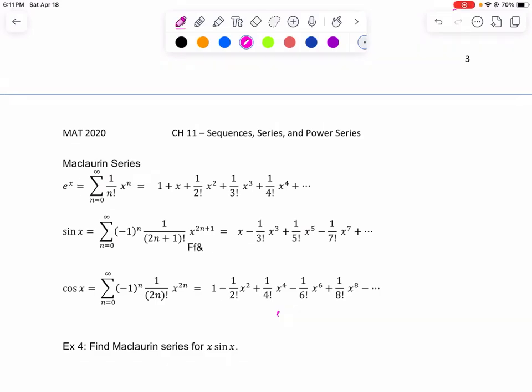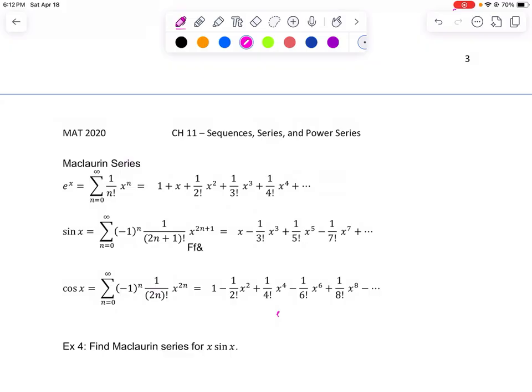We are continuing with section 11.10, and in this section we learned how to find the Taylor series or Maclaurin series of a given function.